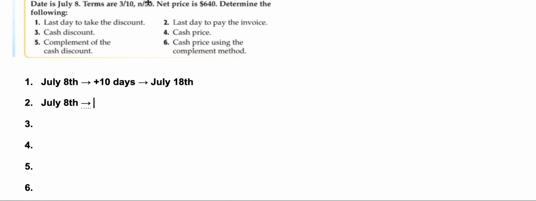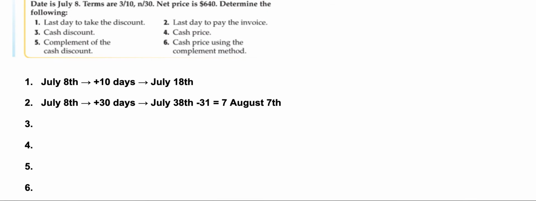This is the net 30, so you get 30 days to pay it off. So it becomes 30 plus your 8, or July 38th, which we know is not a thing. July has 31 days in it. So if I subtract 31 from that, I get 7. That means that 7 days rolls into the next month, or August 7th would be the last day.